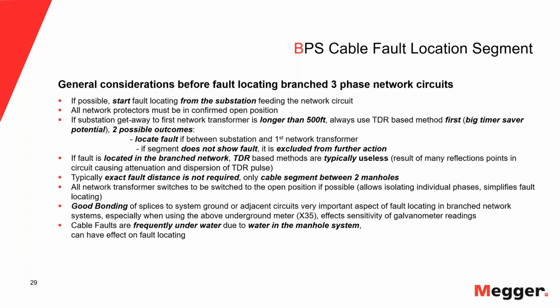On the other side, to just try it takes you maybe 2 minutes to see whether you see something that looks meaningful. If it doesn't, you move on and you do whatever you do normally. Okay, so there's nothing lost. There's only something to be gained, because if you see the fault, the time savings is tremendous compared to a traditional fault locate in a branch network.